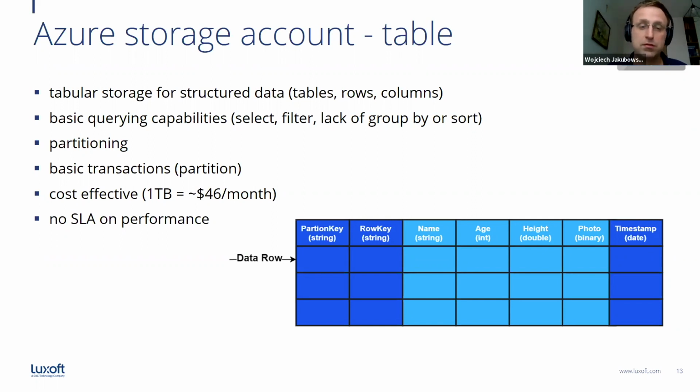You don't need to scan through all the partitions. You just go to the one particular partition where the row belongs. There are also some basic transaction capabilities only in scope of one specific partition. You cannot do transactions across multiple partitions, but inside one partition, it works fine.